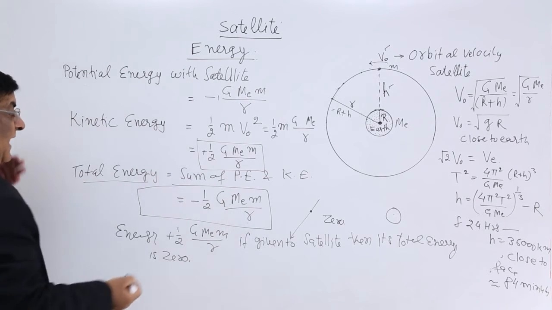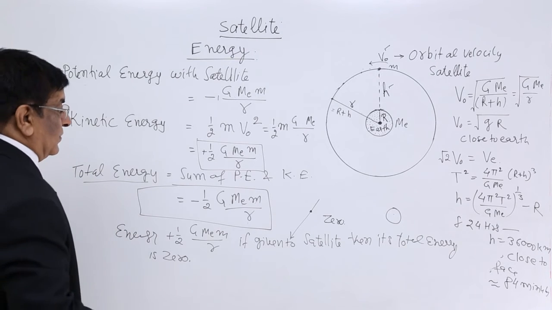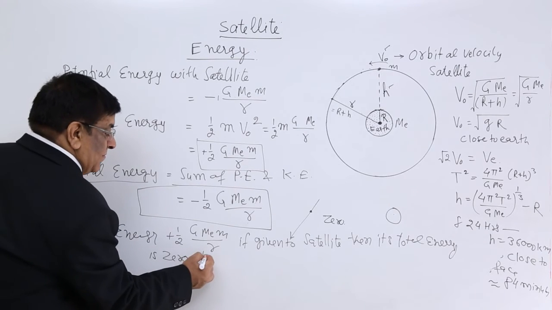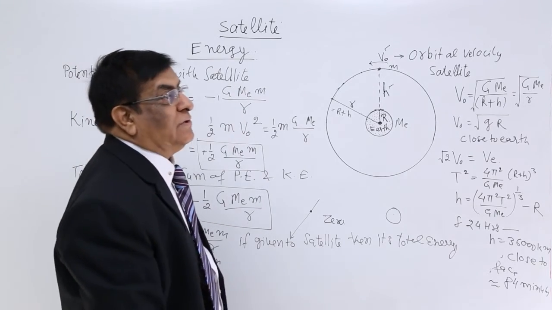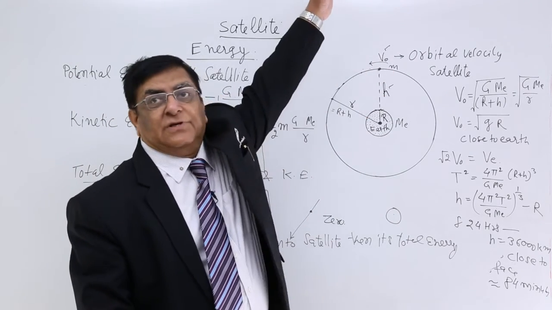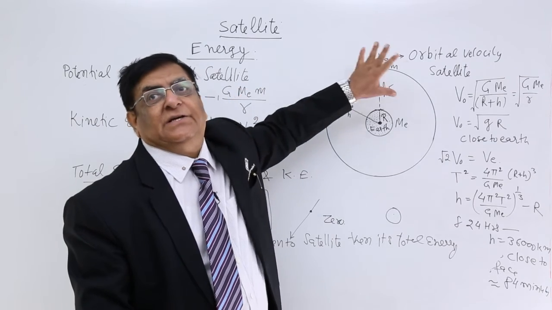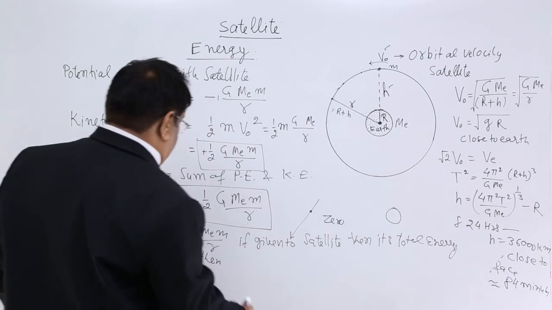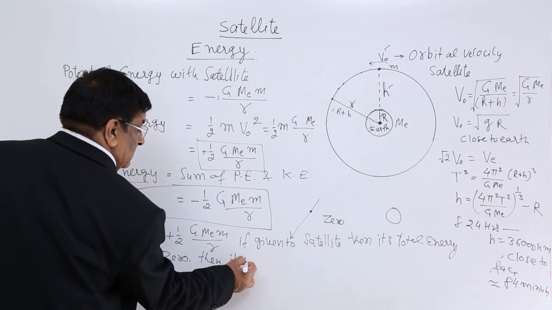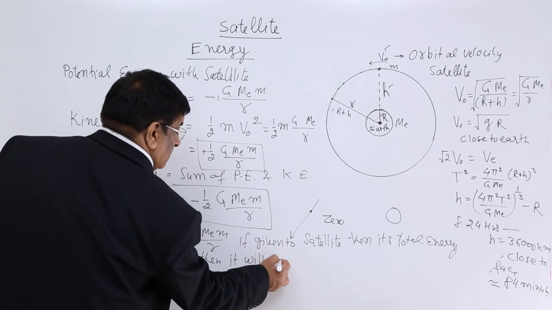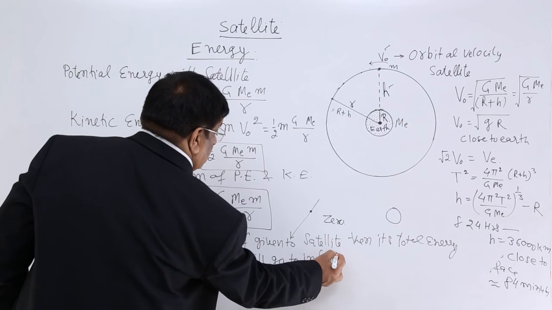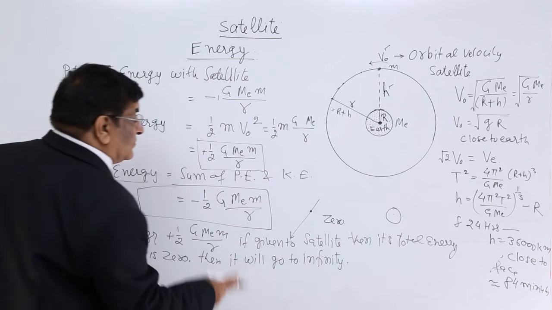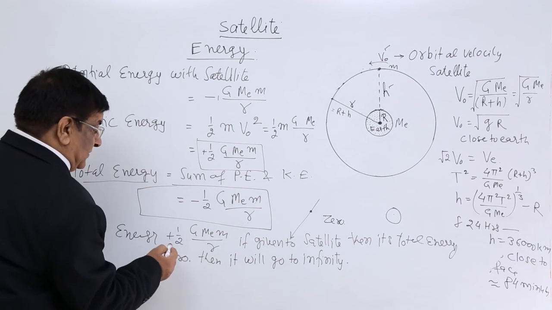And if its total energy is 0, what will happen? Where should it exist? The answer is it should exist at infinity. That means it is no more in the orbit. So it is short of this energy.